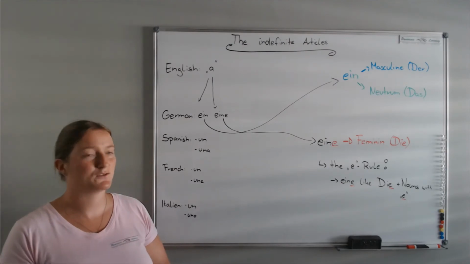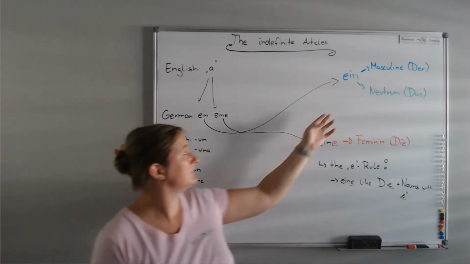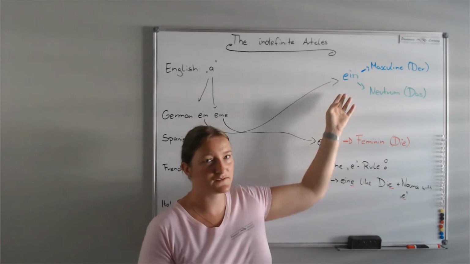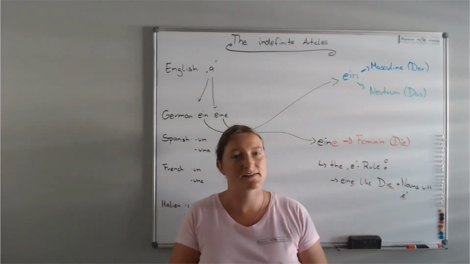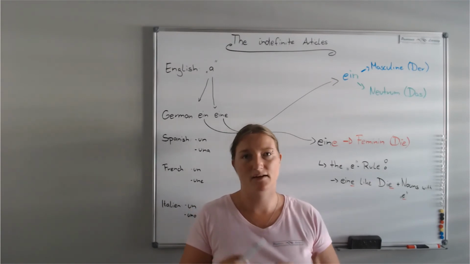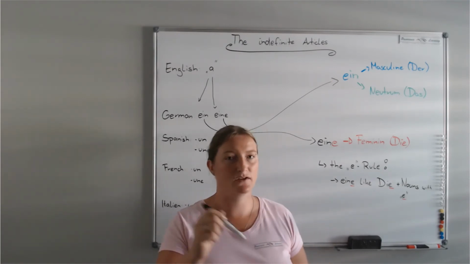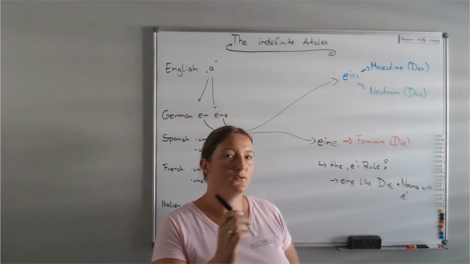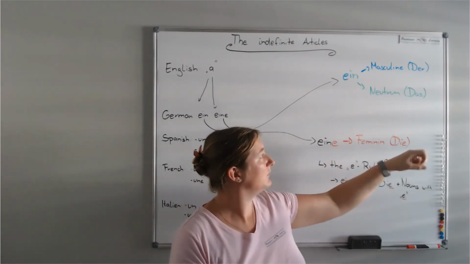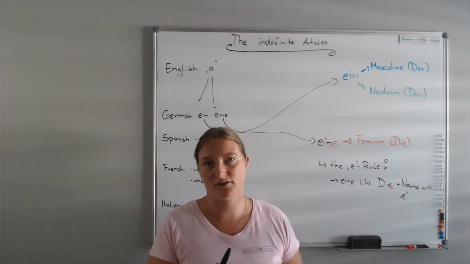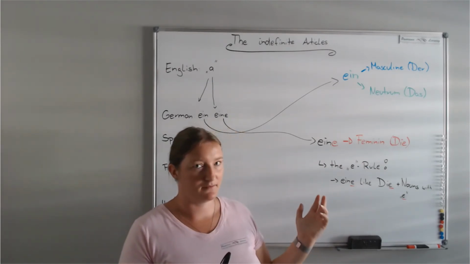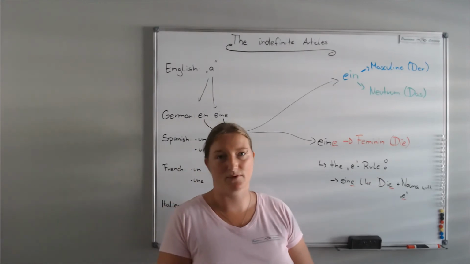Let's have a look at that. Ein as an indefinite article shares the definite articles der and das. That means whenever you use in the nominative case for nouns der or das, then you use in the indefinite article cases ein. Let's give an example for that.